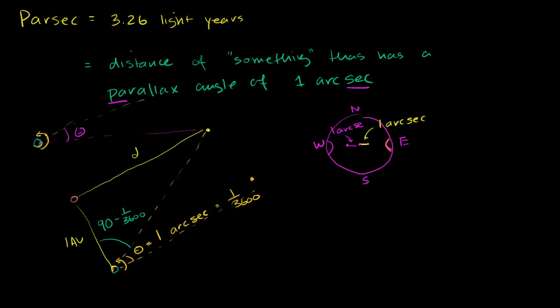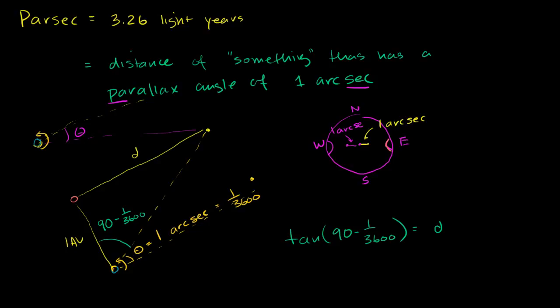And we just use a little bit of trigonometry. The tangent of this angle, the tangent of 90 minus 1/3600, is going to be this distance in astronomical units divided by 1. Well, you divide anything by 1, it's just going to be that distance. So that's the distance right over there.